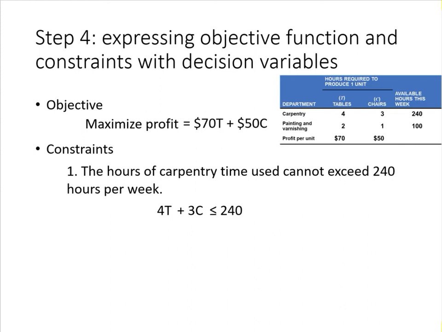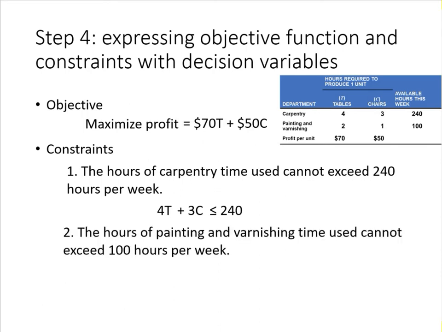We know this number cannot be more than 240. So mathematically, this simply means the total carpentry hours used, 4T plus 3C, should be less than or equal to 240. So that's our first constraint. The total carpentry time used cannot be more than 240 hours. The second constraint is that the hours of painting and varnishing time used cannot exceed 100 hours per week.